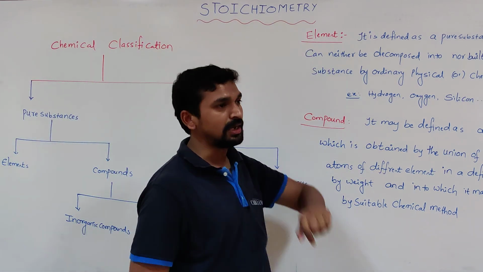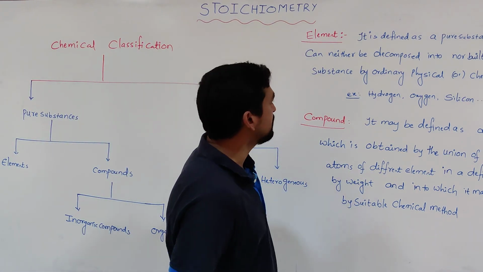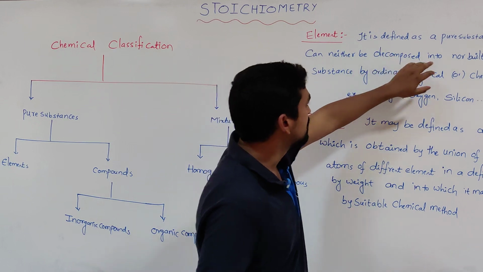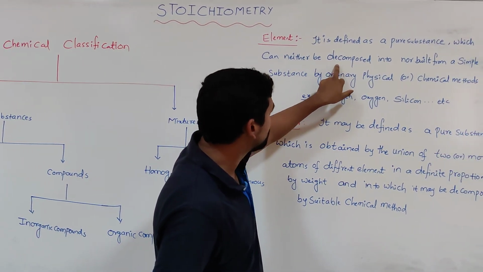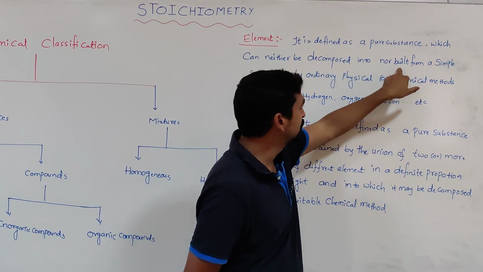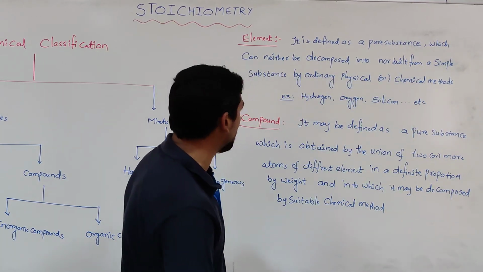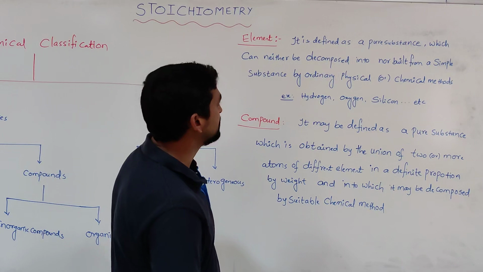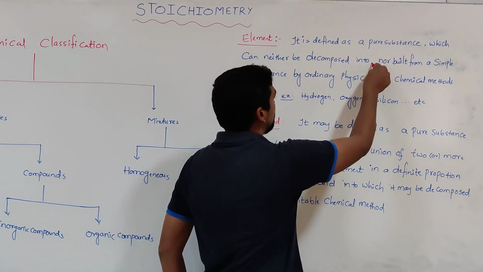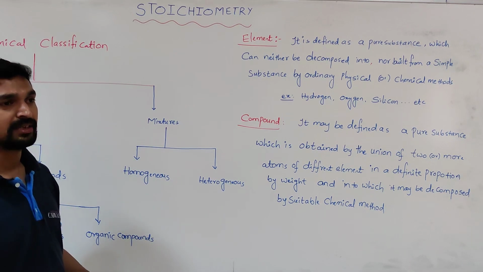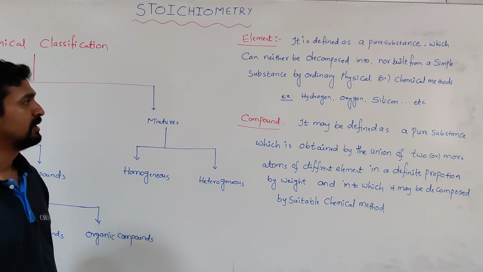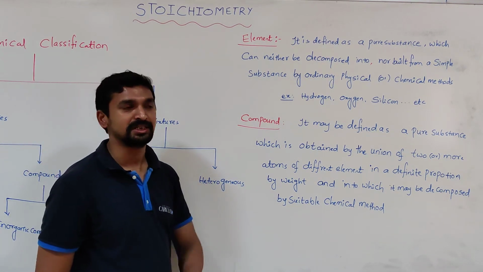So what do you mean by an element? An element is defined as a pure substance which can neither be decomposed into nor built from a simpler substance by ordinary physical or chemical methods.